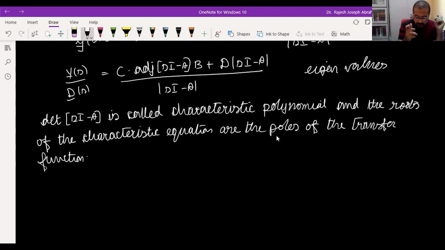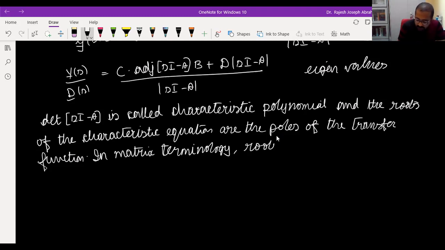Did you get me? Poles of the transfer function. So in matrix terminology, roots of determinant SI minus A equal to 0 are called eigenvalues.